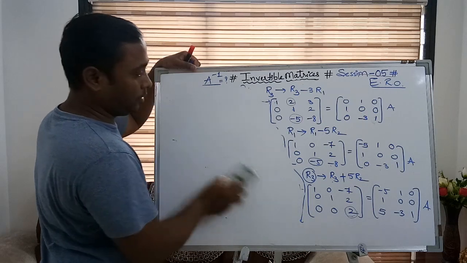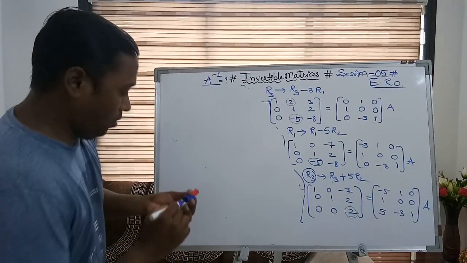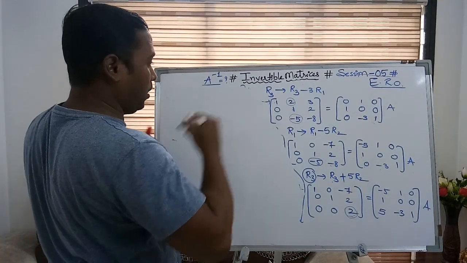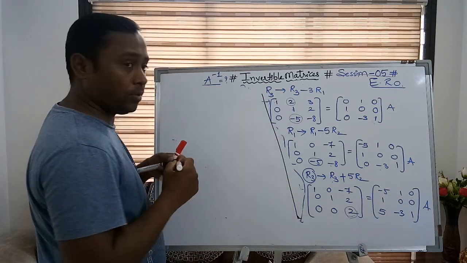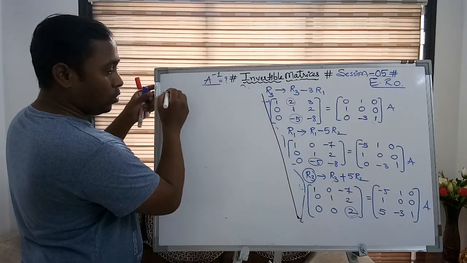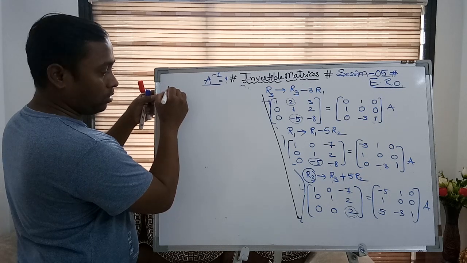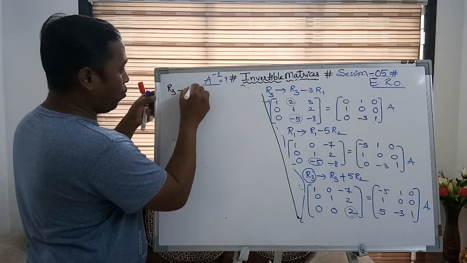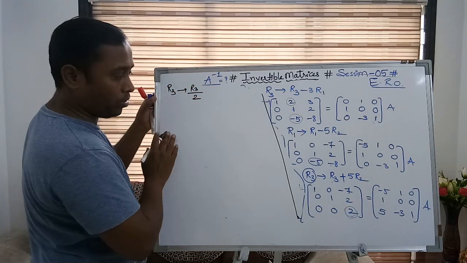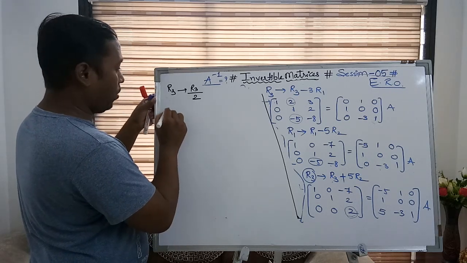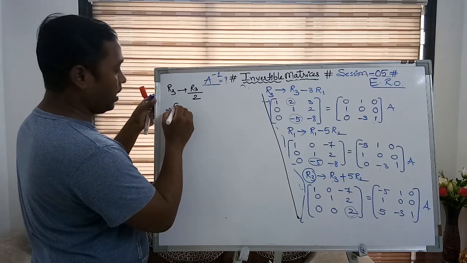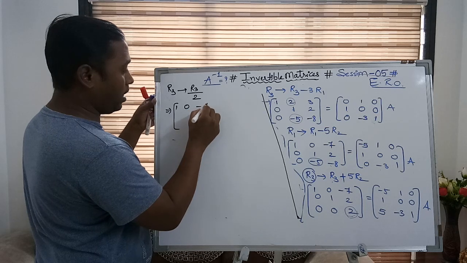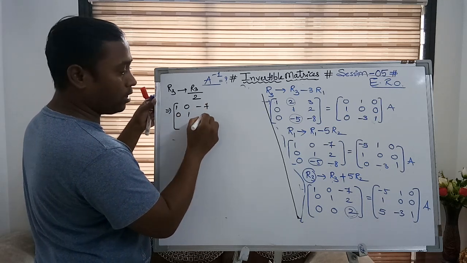See what I am going to change here. If I do that, the entire R3 is going to be divided by 2. Then the rest will be the same: 1 0 minus 7, 0 1 2.